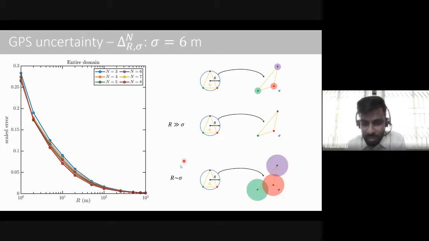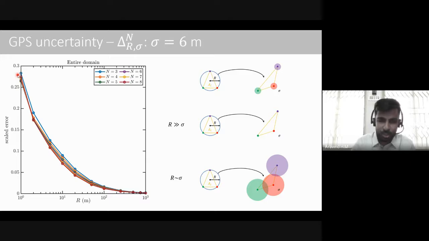Whereas if r is comparable or smaller than sigma, it might be the case that the triangle we see is probably just a result of noise, especially if I look at the smallest radii considered. So this is the main reason why the trend is reversed in this case. And now the error magnitudes are very large. So drifter-based estimations of dilation rate are subject to all of these factors.